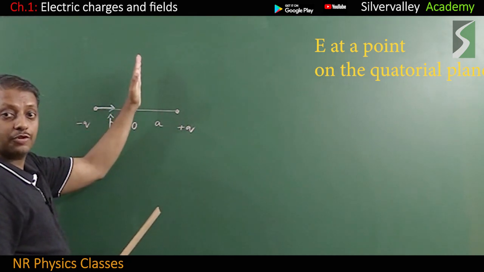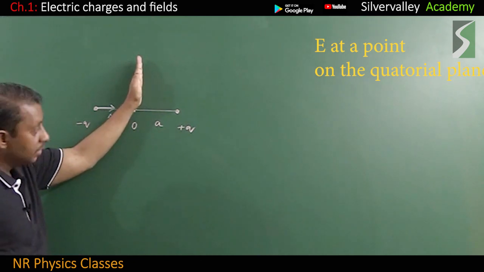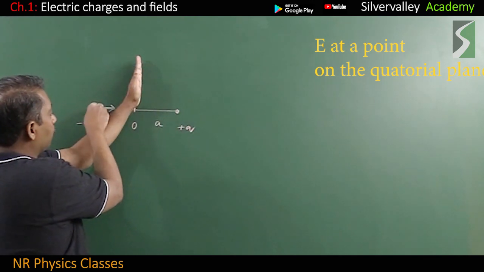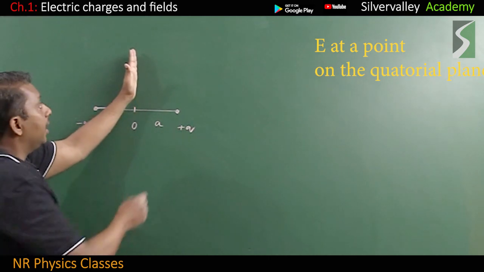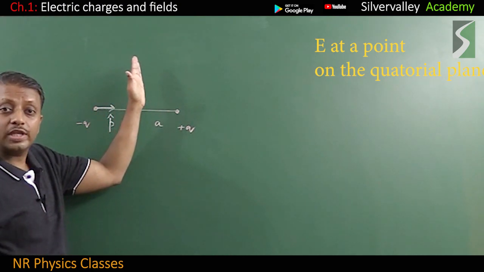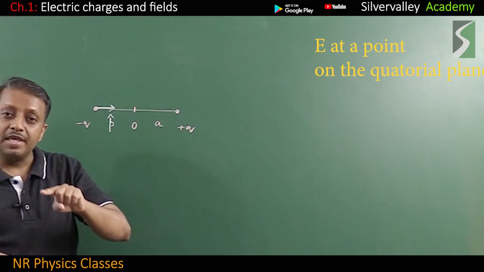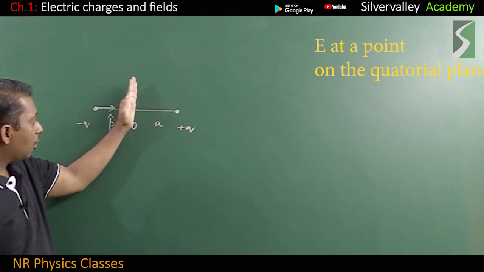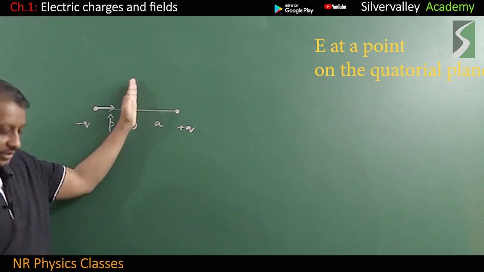Why is this plane called the equatorial plane? If you consider any point on this plane, then this point is equidistant from these two charges. That is why this plane is called the equatorial plane. And if you draw any line on this equatorial plane, then that is called an equatorial line. So in multiple choice questions, sometimes you can see equatorial plane, sometimes equatorial line. A line on an equatorial plane is an equatorial line.